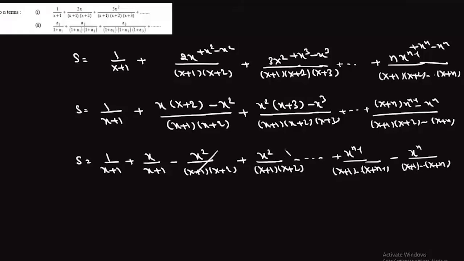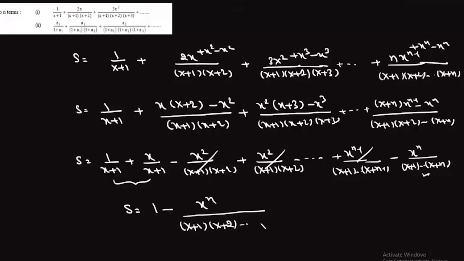Now here all these terms will cancel. So what we're left with is these terms and this term. Now 1 plus x upon 1 plus x is 1. So this sum will be simply 1 minus x to the power n upon x plus 1, x plus 2 up to x plus n. So that is the sum up to n terms.